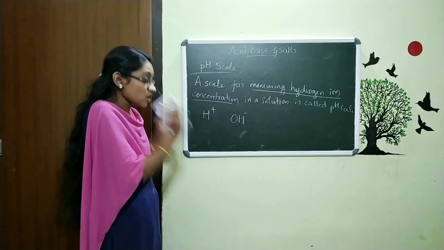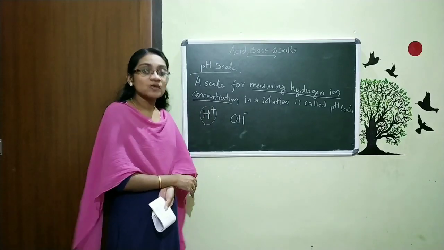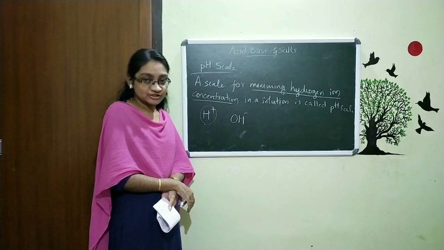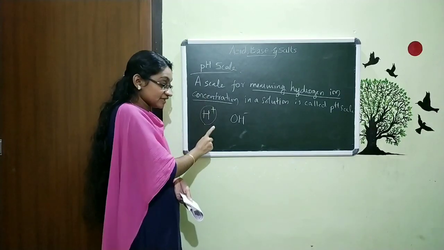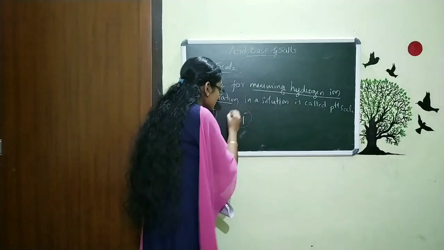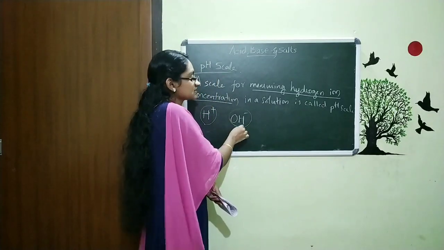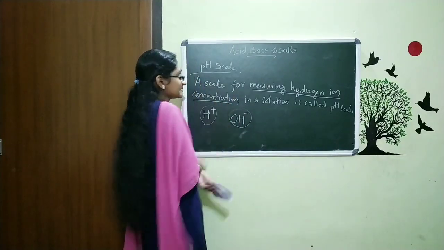For a strong acid there is a higher concentration of H plus, and for a weak acid a lower concentration of H plus. For a strong base there is a higher concentration of OH minus, and for a weak base a lower concentration of OH minus. So we can identify this using the pH scale.